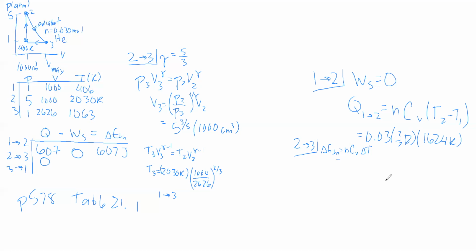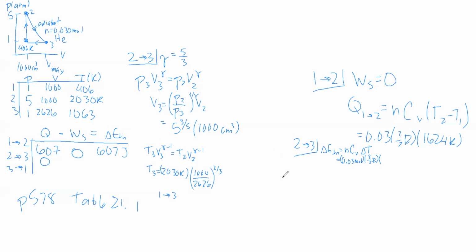So the change in thermal energy for this process is 0.03 moles times the same 3/2 R. Now the change in temperature from 2030 to 1063 is what? 1063 plus 1000 is 2063, so subtract 33, it's 967.